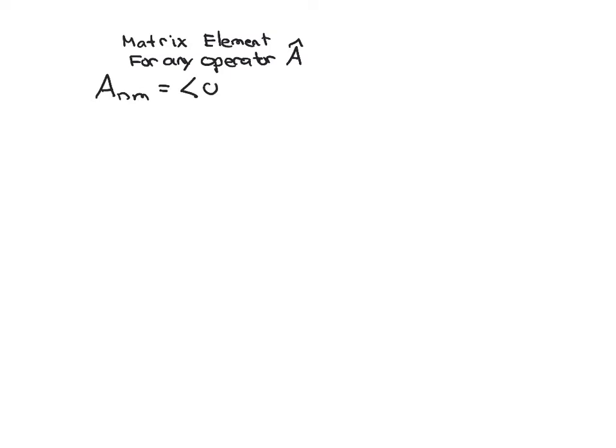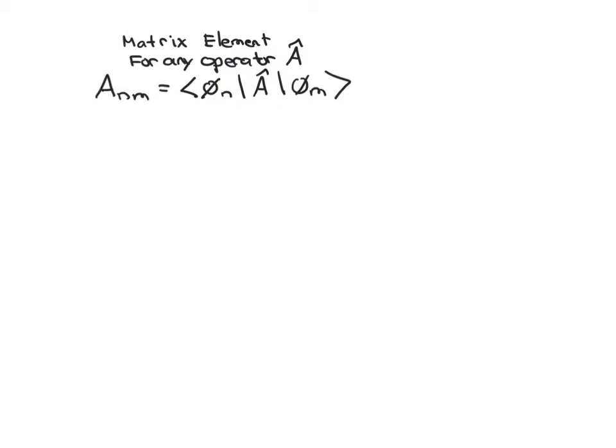You pick a set of basis states to express the matrix in, and if the basis states are phi's, then by definition, the matrix element A sub nm is just this entity here. So this is how you calculate the matrix elements for any operator A. Okay, so that's preliminary point number one.